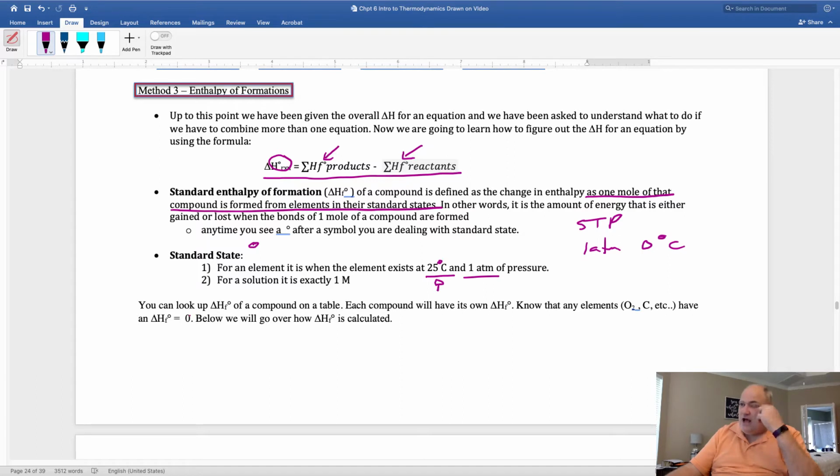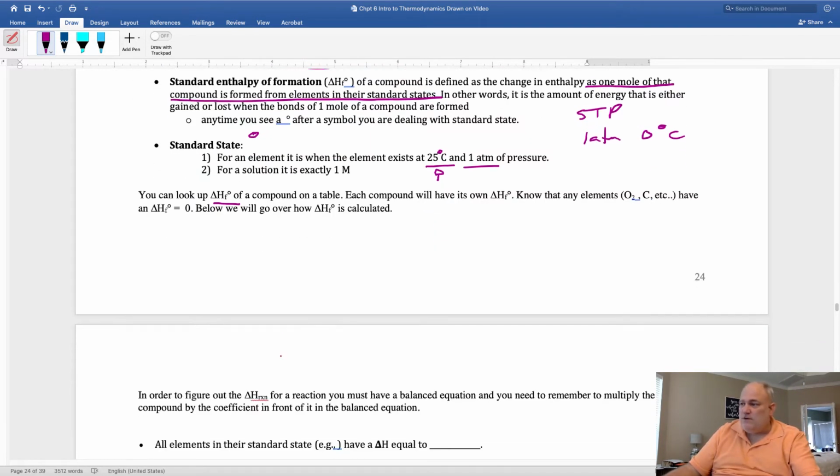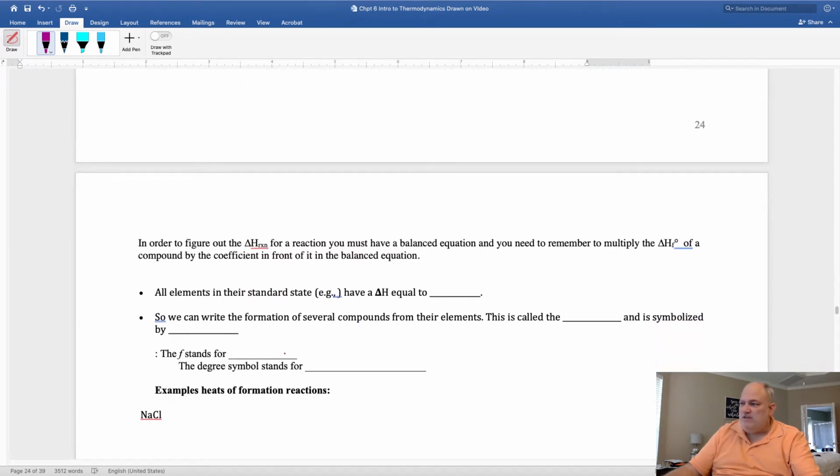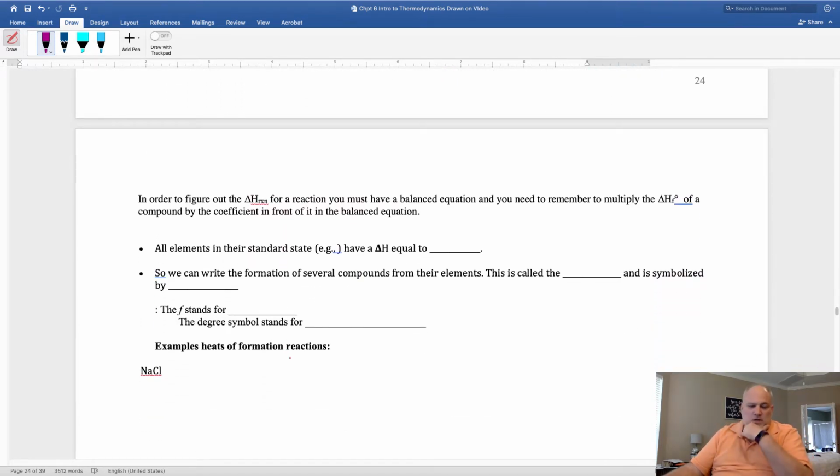Now, how do we figure out the enthalpies of formation? Well, we can find them in a table. In your textbook, they're going to have a table with all of the enthalpies of formation in it. But before we do that, let's talk about how they got them.